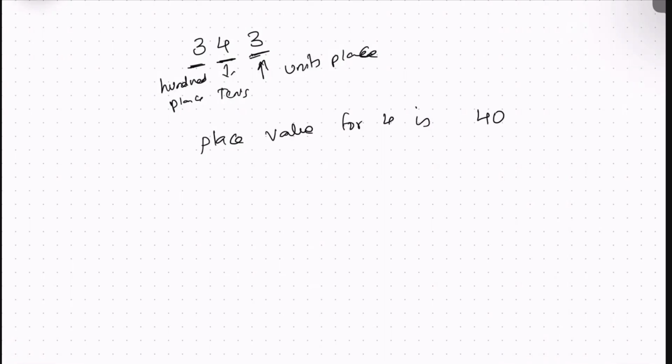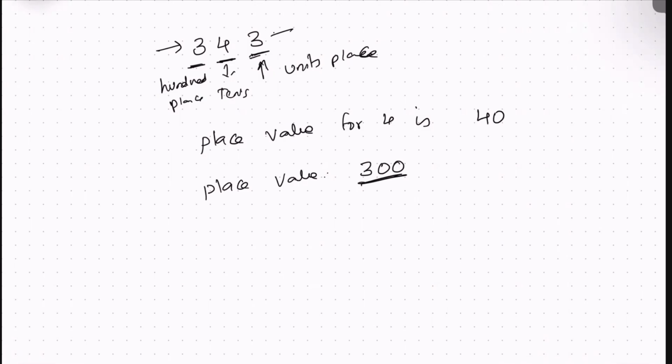There are two threes. The leftmost 3 is present in the hundreds place, and its place value is 300 because it is present in the hundreds place. So the place value changes based on the place of the digit in the number.